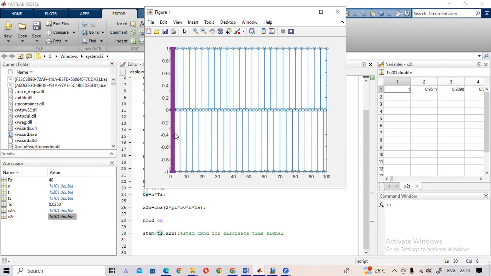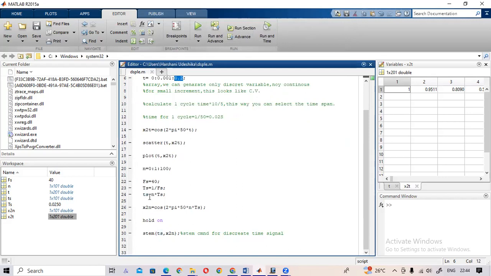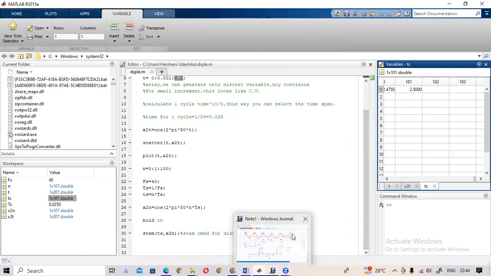some kind of progress, but still the signal is not there. So what is happening actually here? Now you can see that we draw our signal up to 0.2, but if you consider this Ts value, because 100 values are there, it goes up to 2.5. So we get our signal up to 0.2, but the time extends up to 2.5.